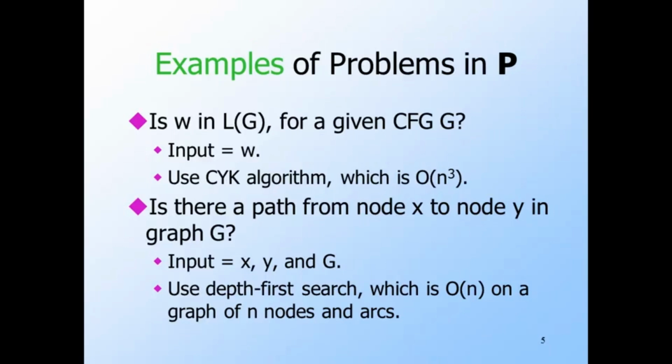On a Turing machine, you might need order n squared steps, since for one step of the depth first search, you have to locate on the input the arcs with a given node as the tail. That could require that you run all along the tape just to simulate one computer step, but n squared is still a polynomial, so as far as membership in P is concerned, n squared is just fine.